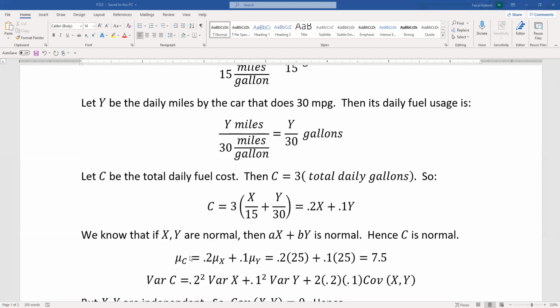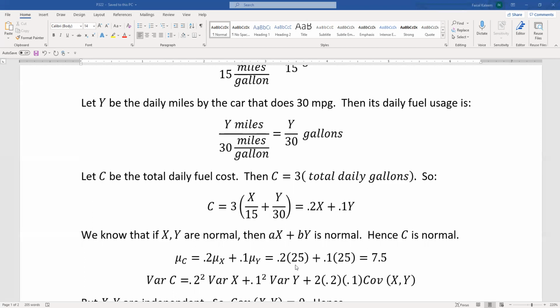Also, if the mean of X is mu X and the mean of Y is mu Y, then the mean of aX plus bY is a mean X plus b mean Y. So for 0.2x plus 0.1y, which is what C is, the mean will be 0.2 mean of X plus 0.1 mean of Y.